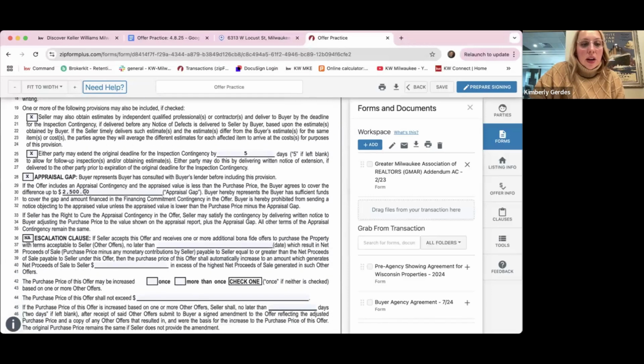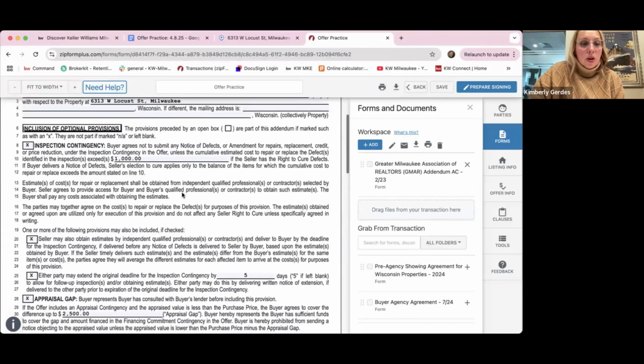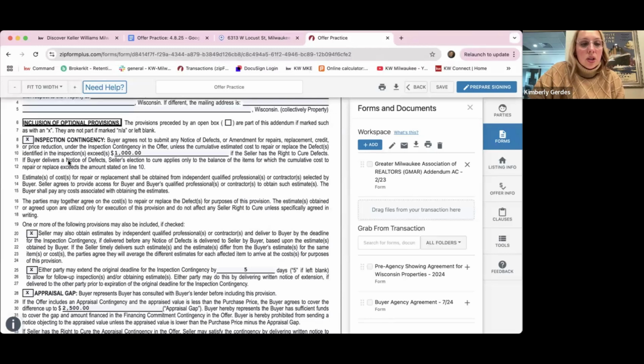It's also used if you're going to have an appraisal gap, if your buyers are willing to cover a little bit of a difference in the appraised price versus the purchase price, if they've got some cash. It's also used if there's an escalation clause. For our practice today, we're using the top 2, the inspection contingency and the appraisal gap.